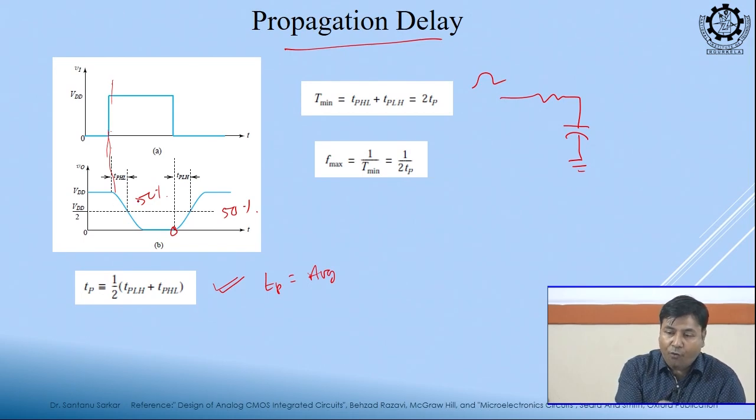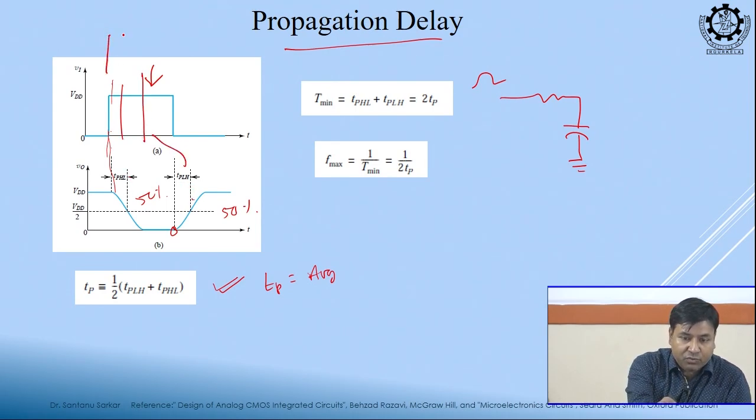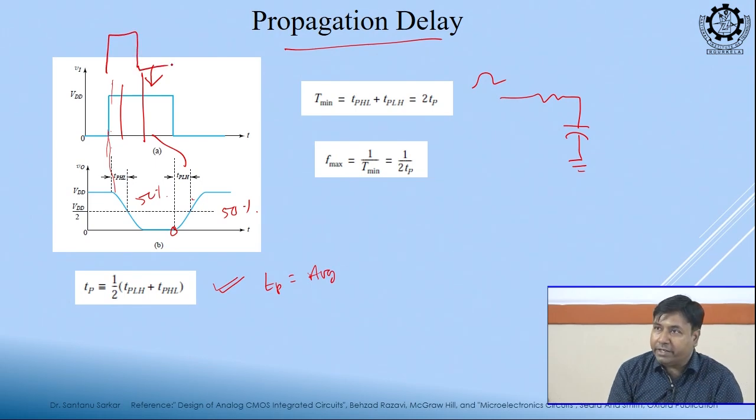Now, if I ask you how fast this input signal can operate, how fast means its time period will be minimum. Suppose I am taking only this time and this time. This will be my T min. In T min, at least I have to give the propagation delay Tp high to low and Tp low to high.